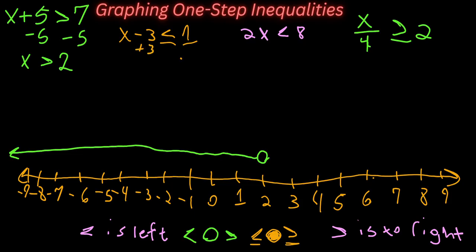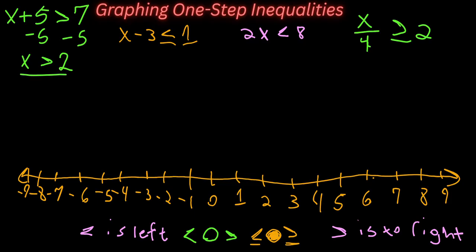So let's do the next one. Plus 3 to both sides. We get x is less than, oops, I've made a mistake. Let's back it up one step. So this represents x is greater than 2. X is greater than 2.